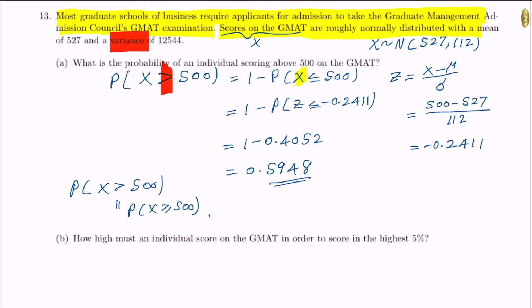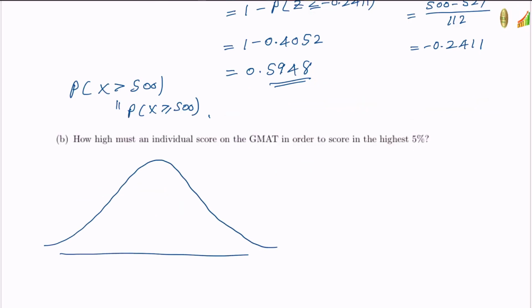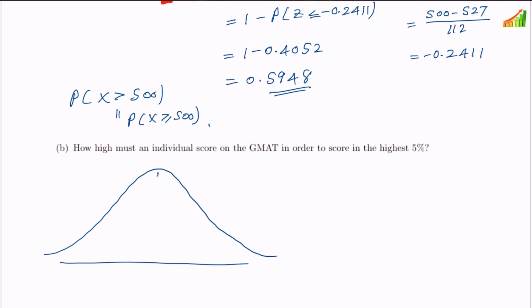Go to part B. How high must an individual score on the GMAT in order to score in the highest 5%? So this is a normal distribution. We know the mean is 500, and sigma equals 112. Then it is asking for the top 5%, the highest 5%.